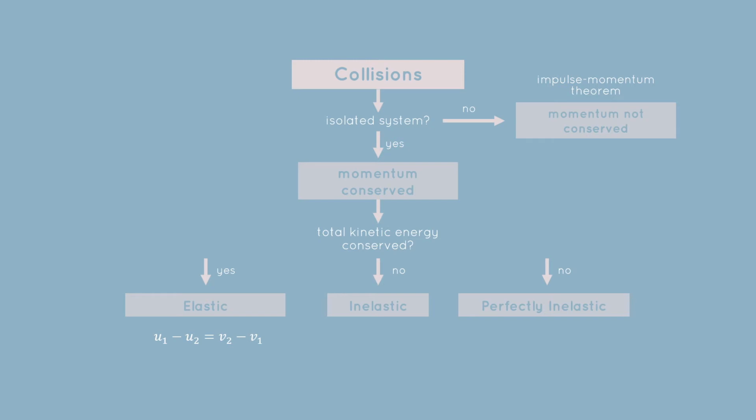A collision that is perfectly inelastic will result in the two objects sticking together after the collision and moving off as one. They coalesce. The collision could also be inelastic, in that there is a loss in kinetic energy, but there is no coalescence.